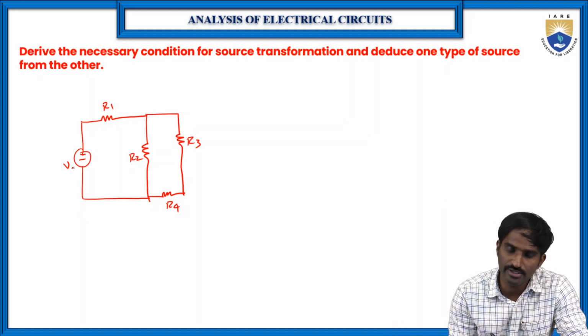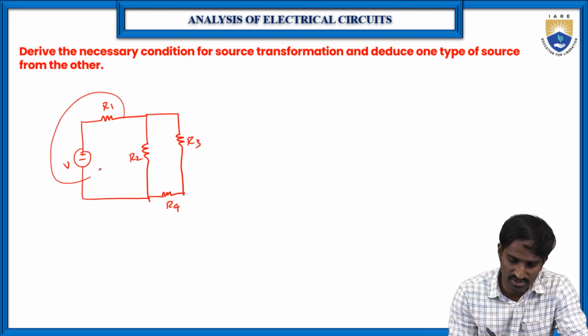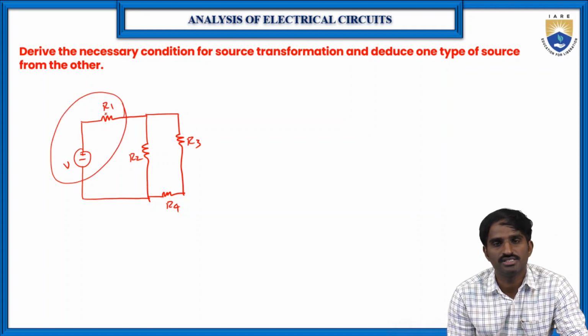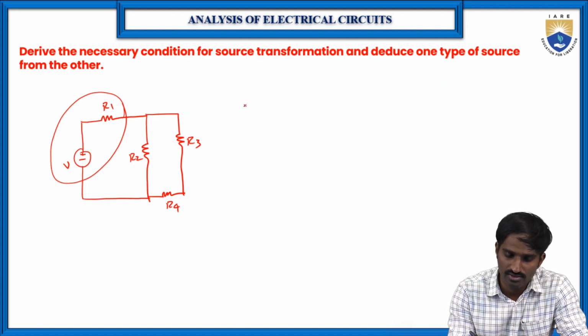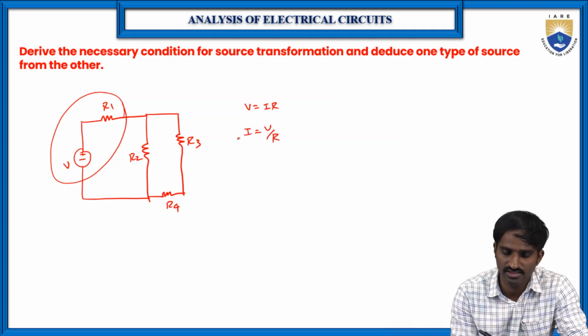Is there any possibility to convert this voltage source into a current source? Yes, because this voltage source has an internal resistance in series with it, so we can convert it to a current source. As we know, V is equal to I into R. Now we are converting the voltage source into a current source, so the current source I is equal to V by R, and the resistor is the same.